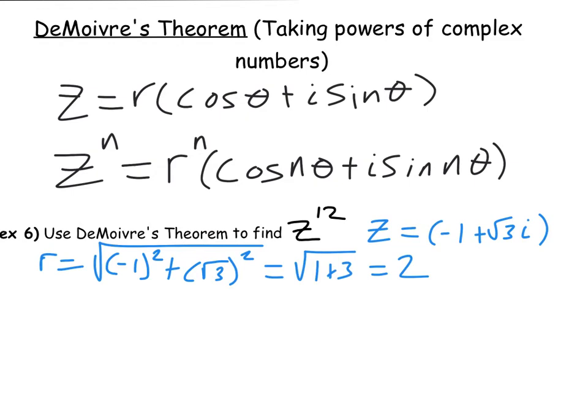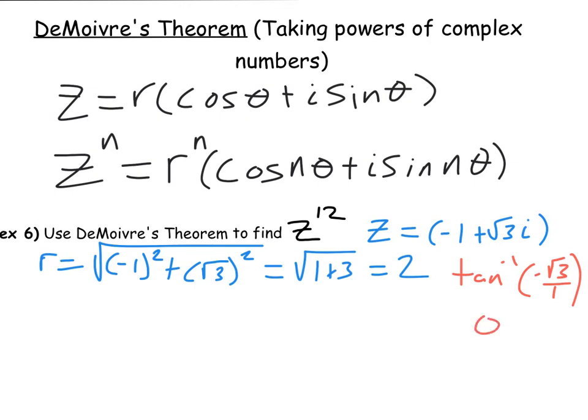Theta, again, you've got all kinds of options at this point. I'm just going to go off of these numbers right here, and I'm going to use tangent. If I were to do that, it's going to be negative square root 3 over 1, or just negative square root 3.